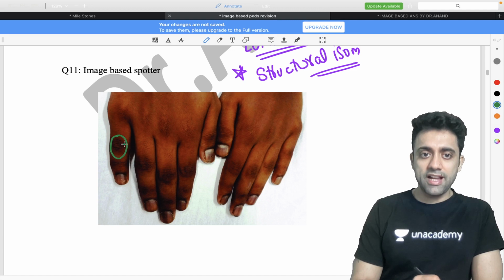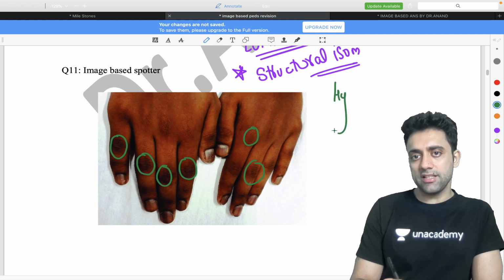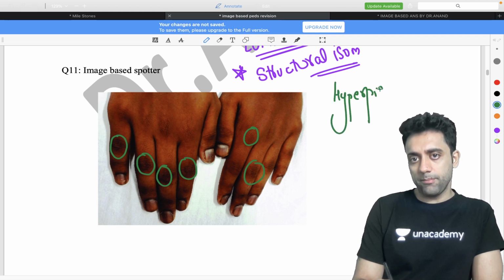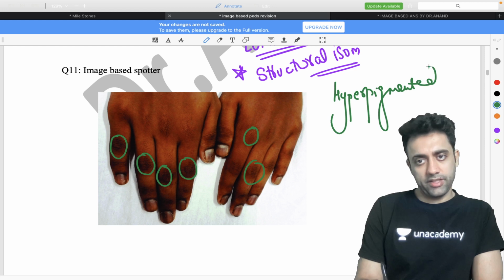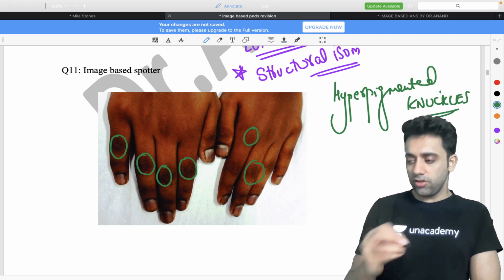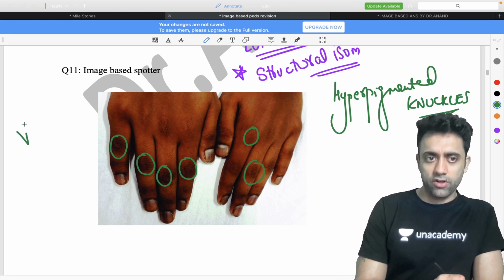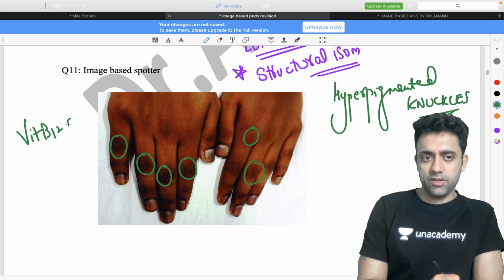Can we appreciate hyperpigmented knuckles? Yes or no? That is the first point. Which is the most common cause? Anyone in pediatrics? A lot of babies we have with hyperpigmented knuckles. Have you heard of megaloblastic anemia or vitamin B12 deficiency?